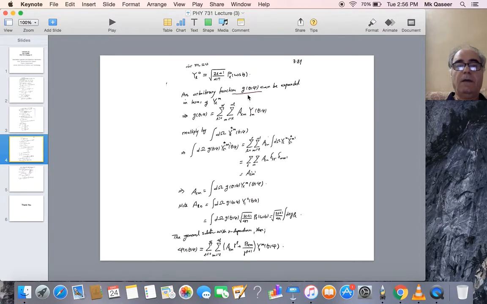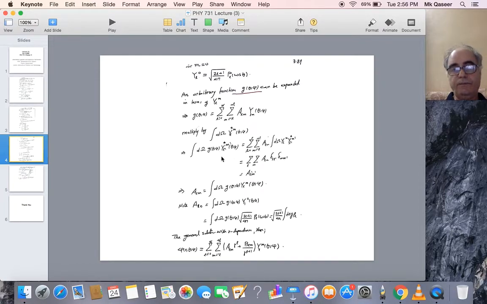Now, any arbitrary function g of theta and phi, where theta is between 0 and pi and phi between 0 and 2 pi, can be expanded in terms of the spherical harmonics as in this expression. To find this a_lm, we multiply by d omega, which is sine theta d theta d phi, times Y_lm star, the complex conjugate of Y_lm.